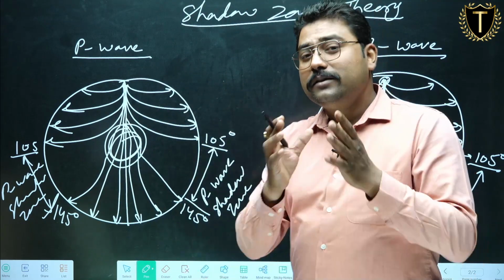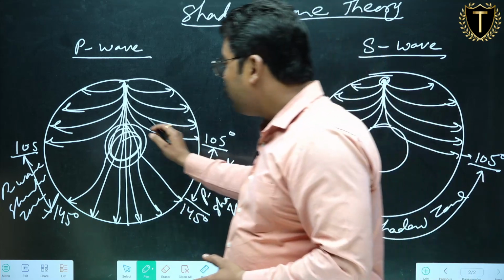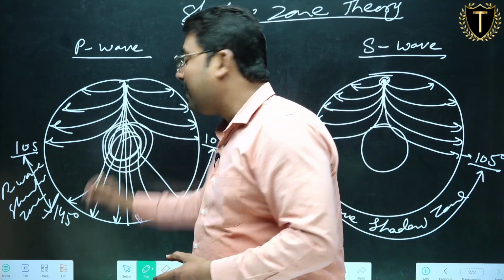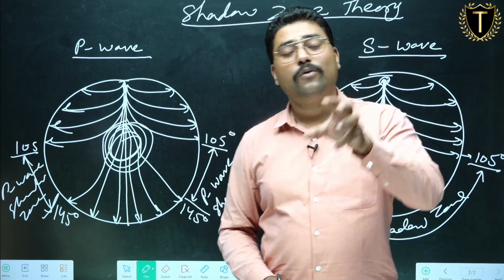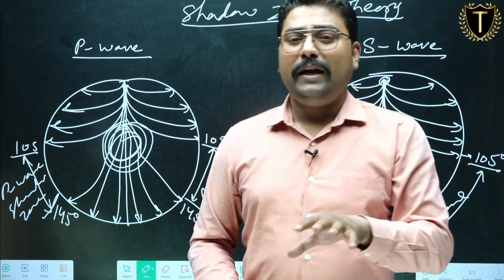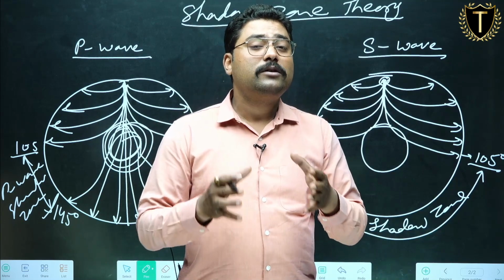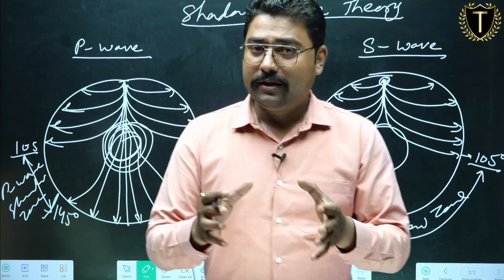This shadow zone theory hence proves that the outer core is in a liquid state only, neither gaseous nor vacuum. So in this way, the shadow zone theory confirms the liquid state of the outer core.